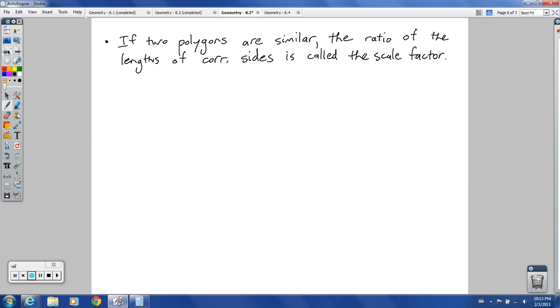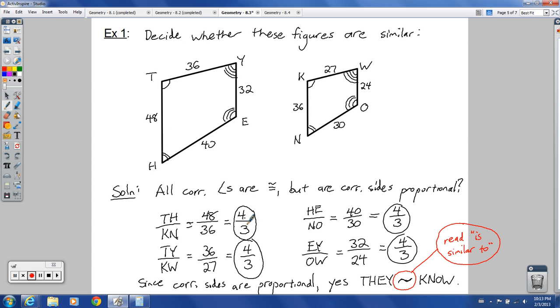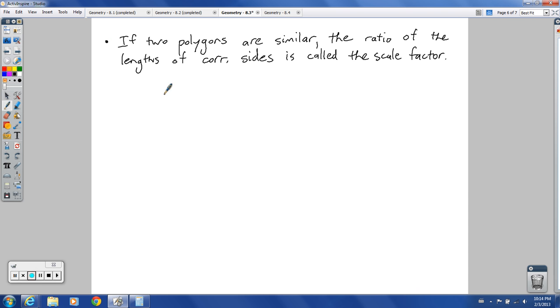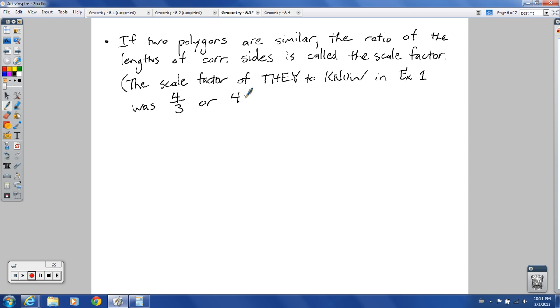So if we go back to this example, the scale factor here would be 4 to 3. 4 over 3, or 4, and then you can do the colon and a 3 like we saw in a couple lessons ago, I think that was. So the scale factor, write this down for me too, the scale factor of THEY to KNOW in example 1 was 4 over 3, or you can write that as 4 colon 3.